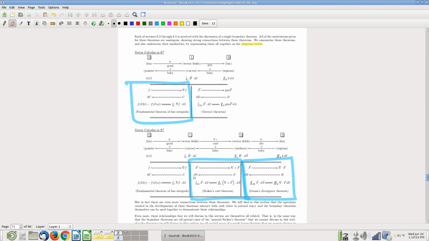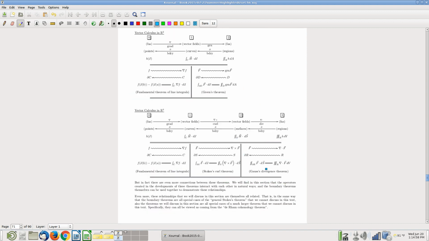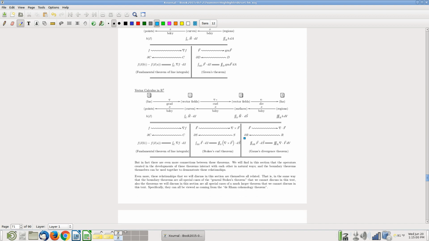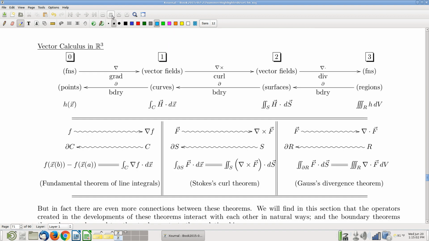And so just to illustrate that, so here's our R3 diagram. Point out that if you look at what the fundamental theorem of line integrals says, you take a curve, look at its boundary points, take a function, look at its gradient field.